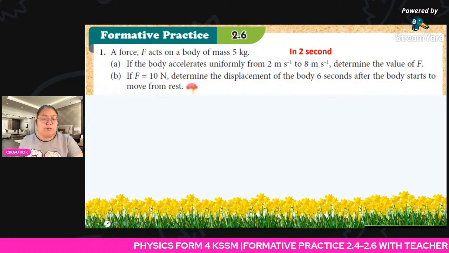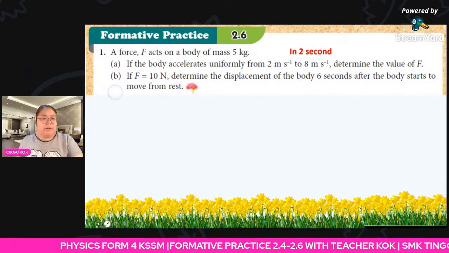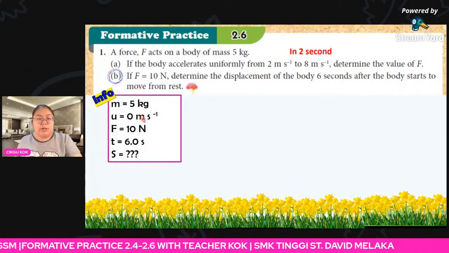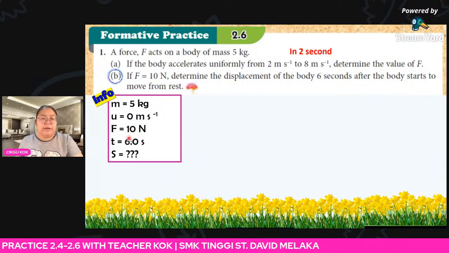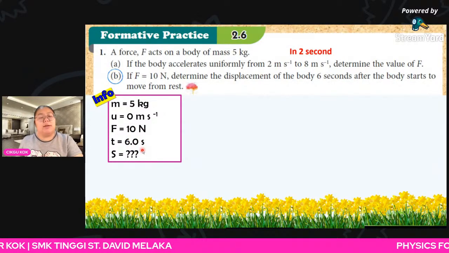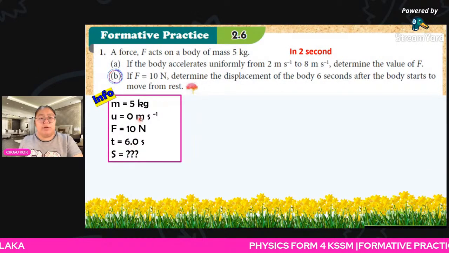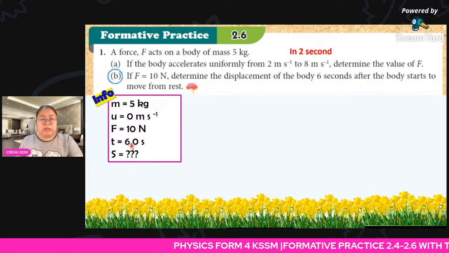So we look at the info first. Info is 5 kg, u is 0, the force is 10 Newton, time taken is 6. S, what is the S? From here, it's still not enough because you have u and t, but you don't have v or a.